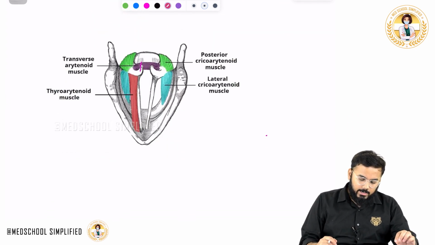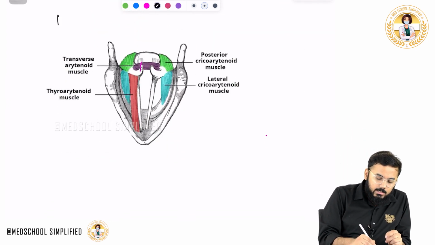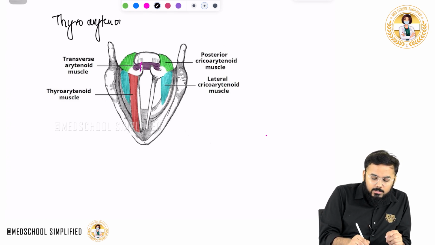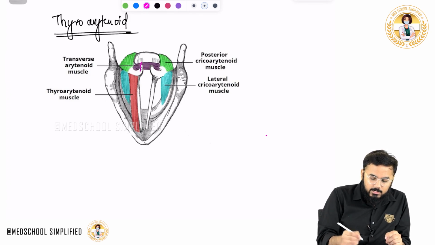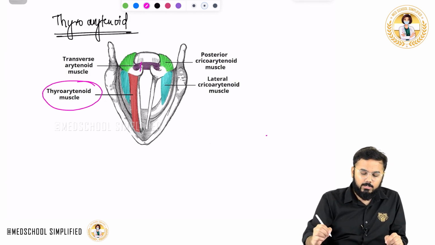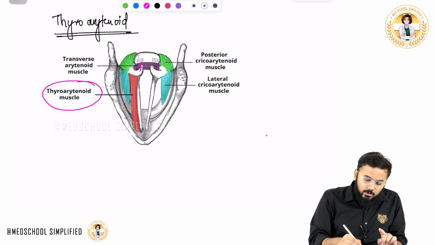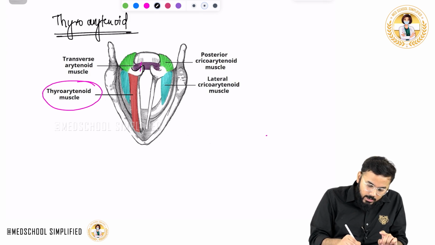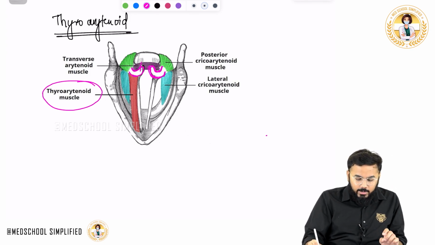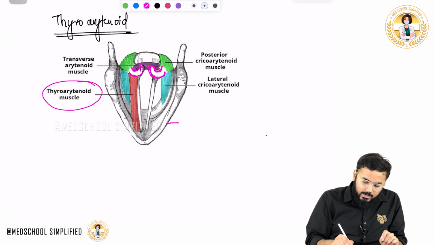The next important muscle we shall be discussing is your thyroarytenoid muscle. Where is your arytenoid cartilage? This particular cartilage which you can see on both sides is your arytenoid cartilage. And this cartilage here is your thyroid cartilage.